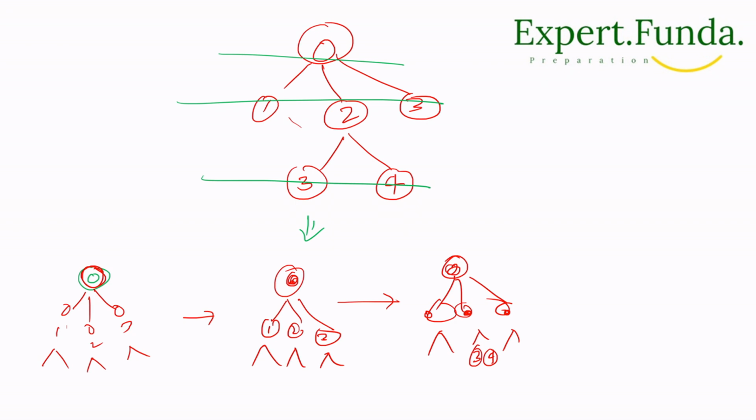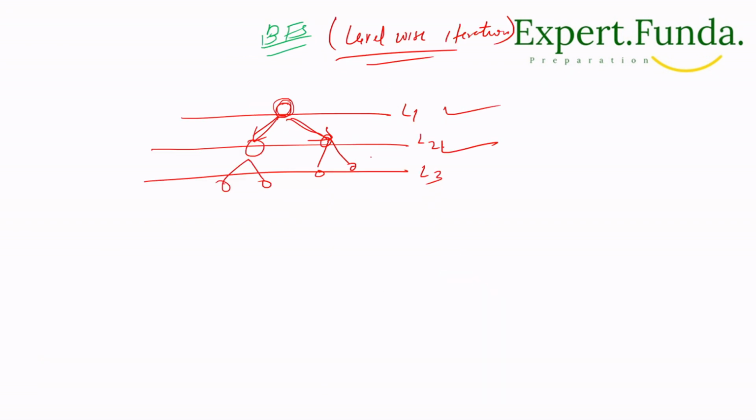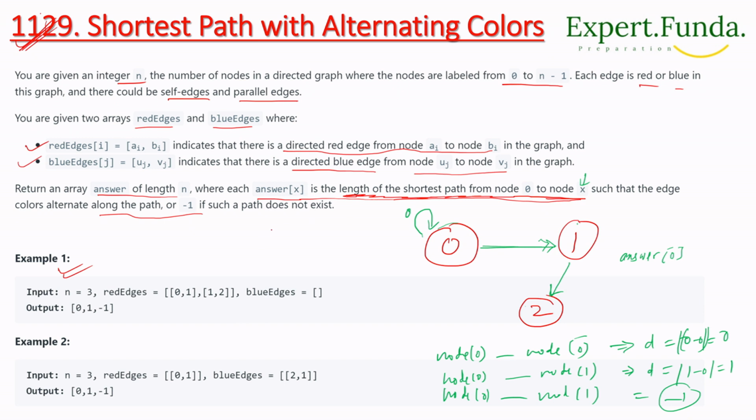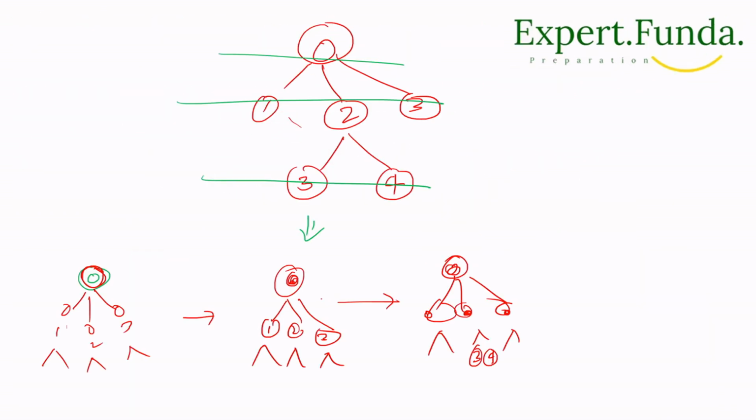So our node should be visited not one time but up to twice, once for the red edge and another for the blue edge. As you can see here, we have two things given, the blue edges and the red edges. So some nodes will go through one and others will go through the other, correct?